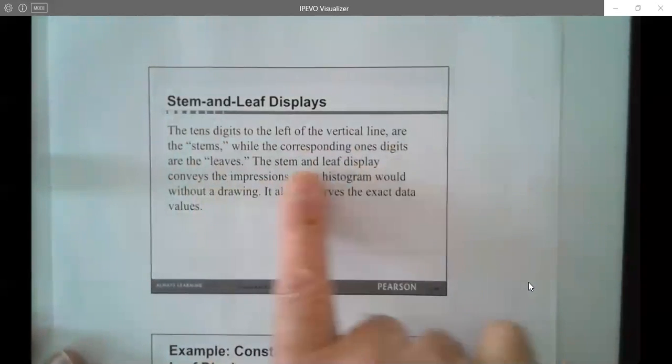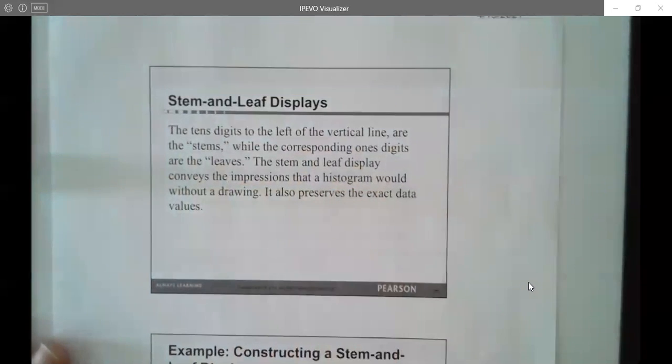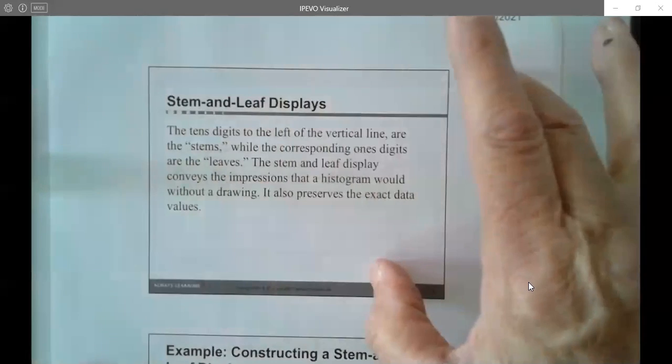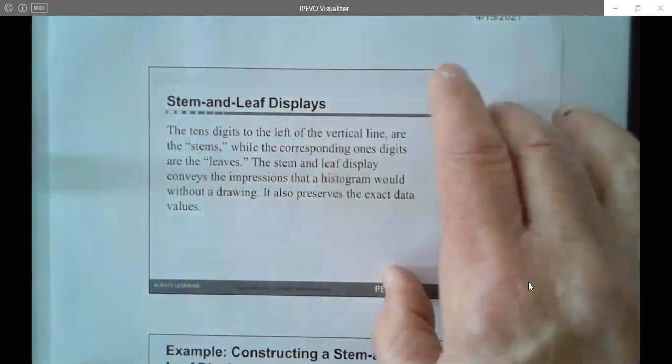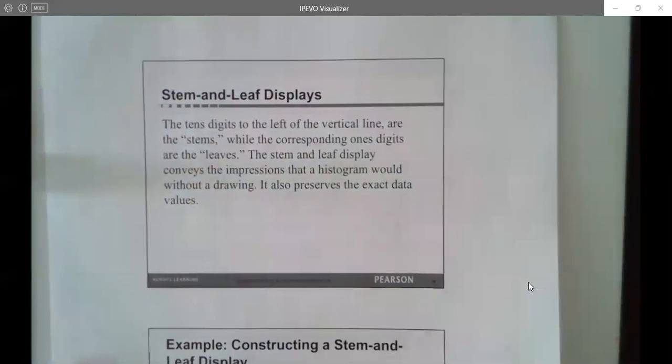The stem and leaf display conveys impressions of a histogram. So it's a way that you can organize the data, and you can see graphically what your data looks like.